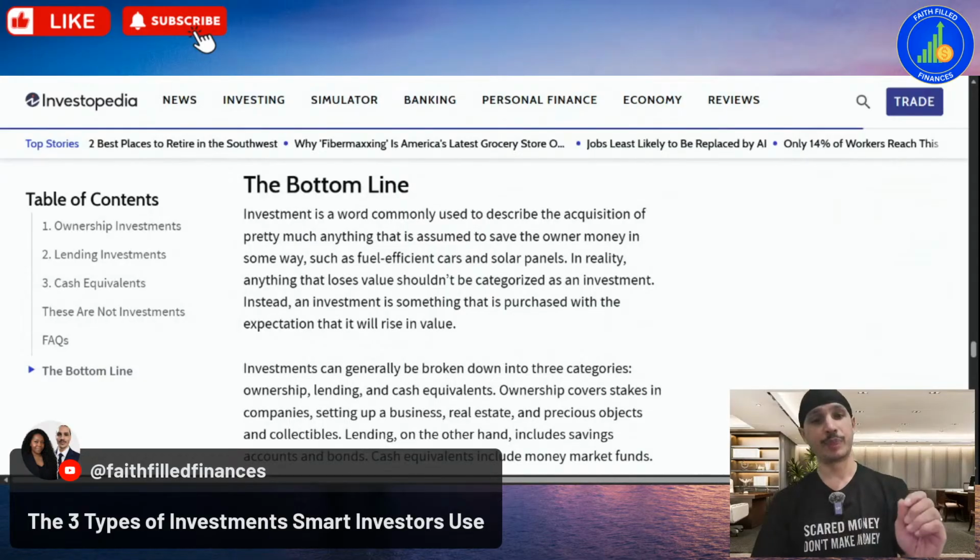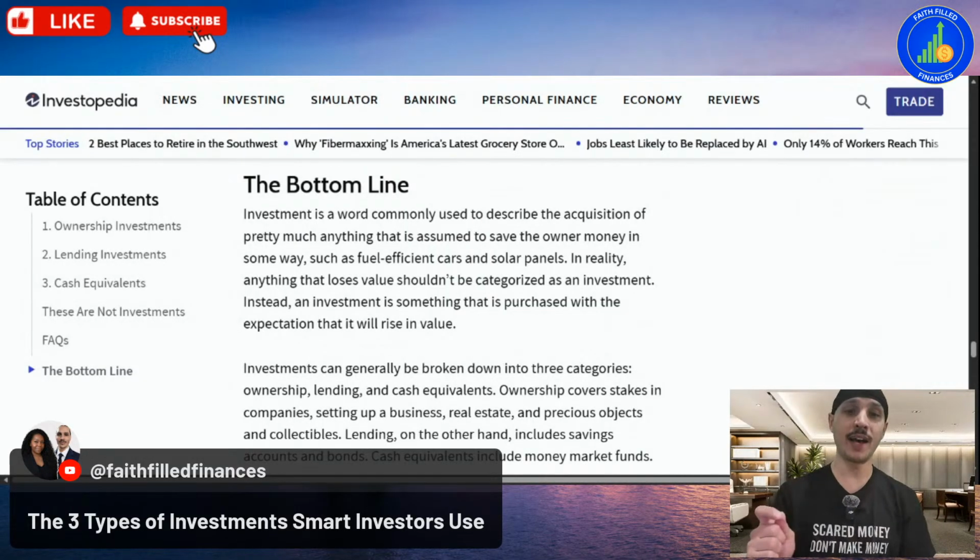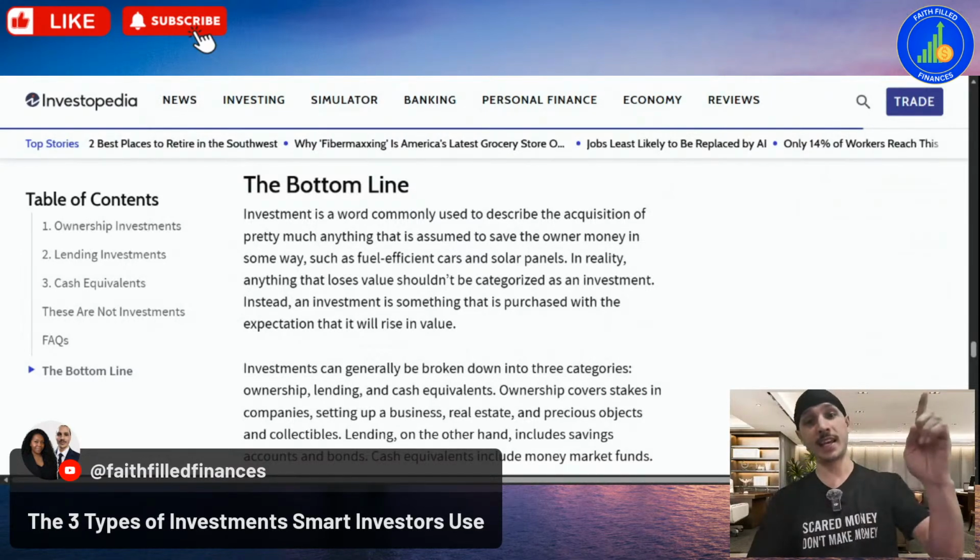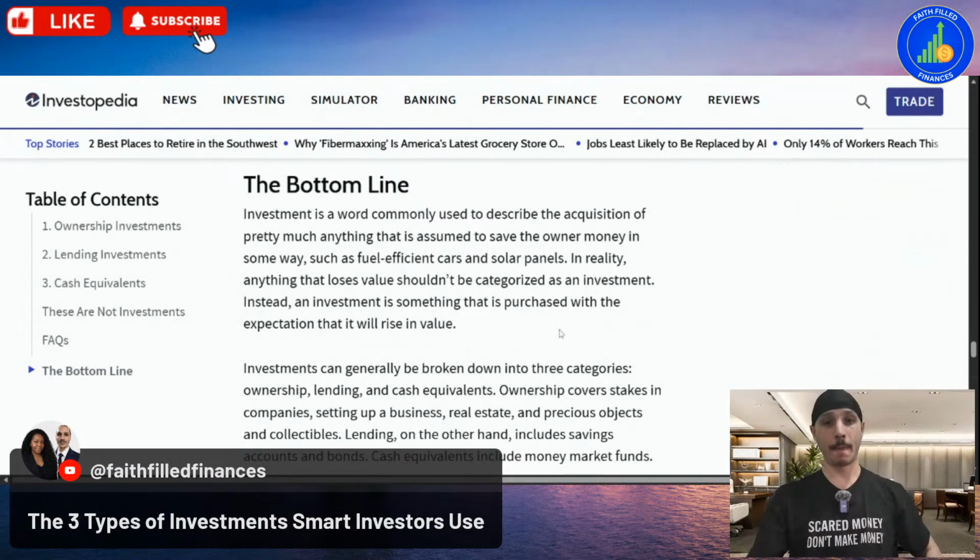In reality, anything that loses value should not be categorized as an investment. Instead, an investment is something that is purchased with the expectation that it will rise in value.